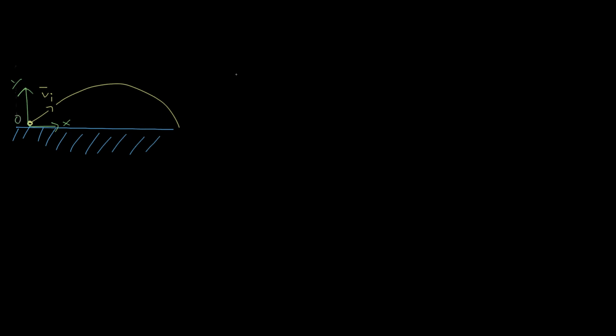Now, whenever you have a problem that is similar to this one, meaning you have an object that is moving near the surface of the Earth, if you can neglect the air resistance, then the acceleration is a result that we already know.